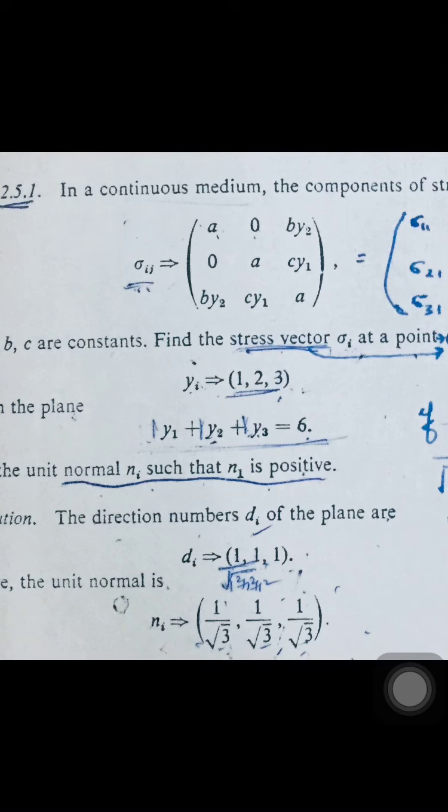So the unit normal vector is 1 by root 3, 1 by root 3, 1 by root 3. So we get di and ni.